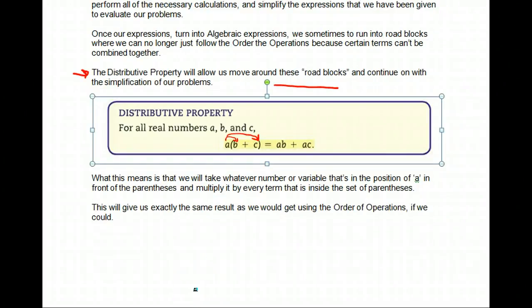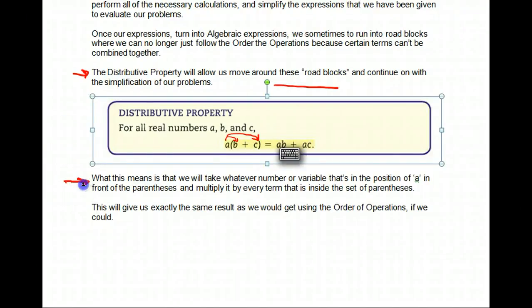So whatever number or variable is in the position of A in front of those parentheses gets multiplied by every single term that is inside the set of parentheses.